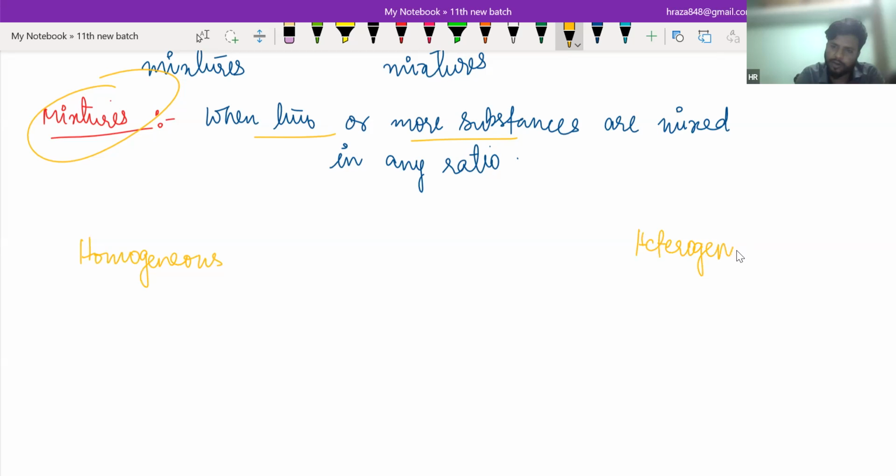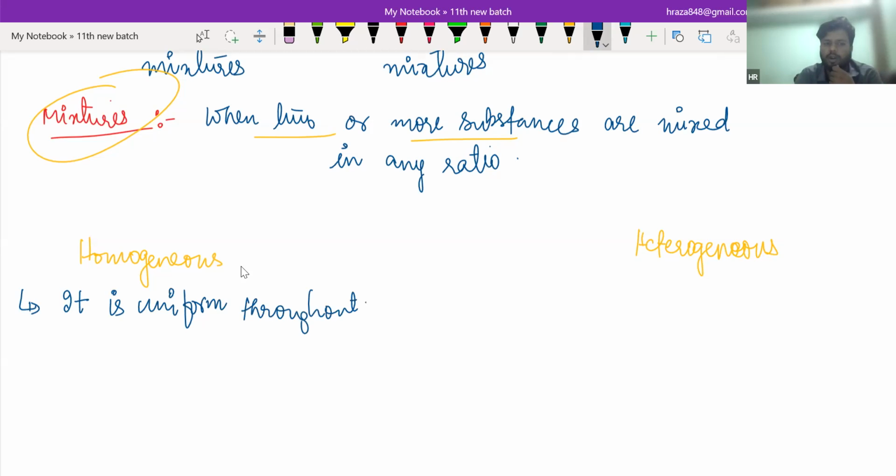See what is the difference between homogeneous and heterogeneous mixture. Homogeneous mixture, we can define it. It is the mixture which is uniform throughout, and the mixture which is non-uniform is called heterogeneous mixture.